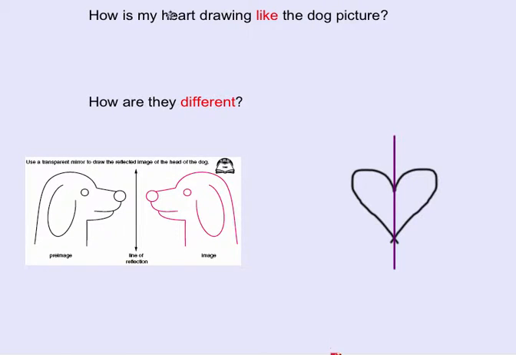Let's look at the things that tell us what they're similar with. First off, we know that both of them, I'm going to write dog, heart. Both of them are mirrored images.